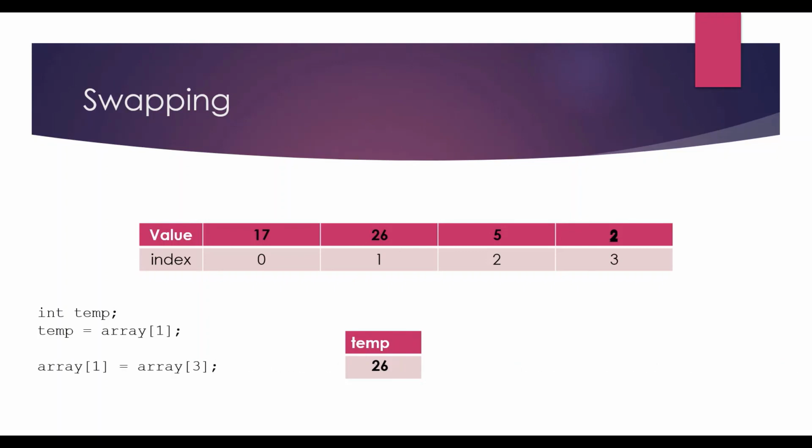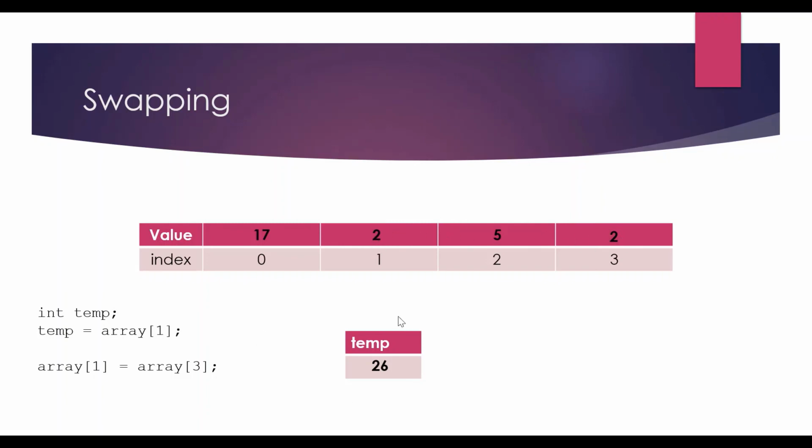The next step, we'll move the value from location 3 and copy it, paste it in location 1. So array at location 1, the value in location 1, we want it to be equal to the value at location 3. So whatever we have here, we'll place it in here. So that will move 2 to 26, and that actually replaced 26. So you'll notice now both locations have the value 2.